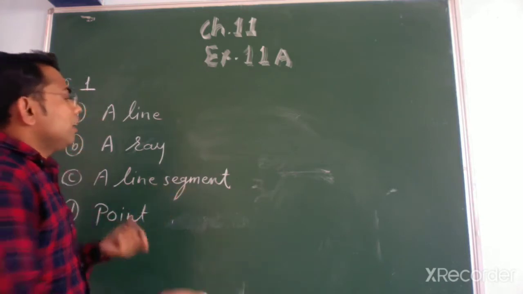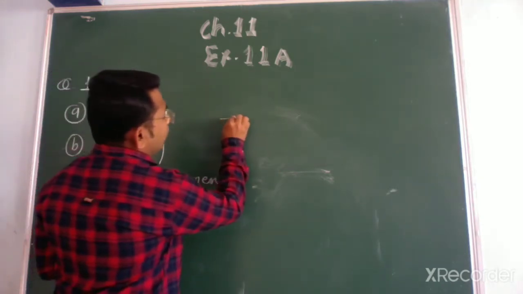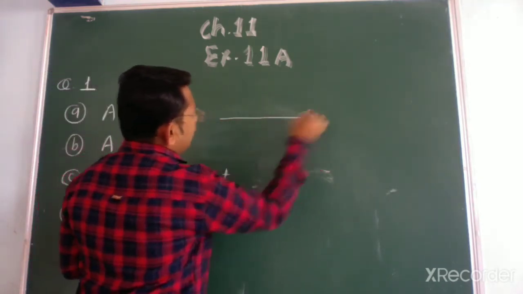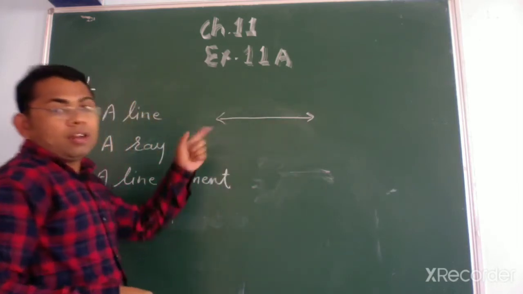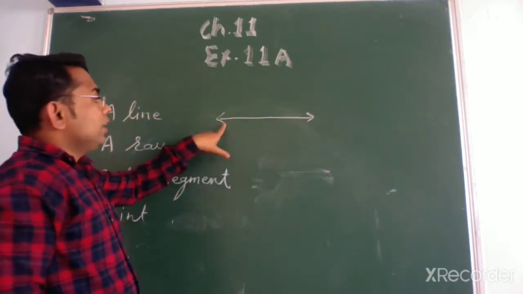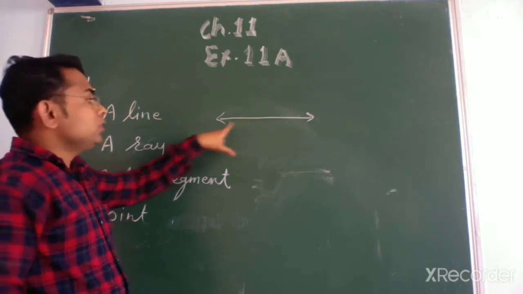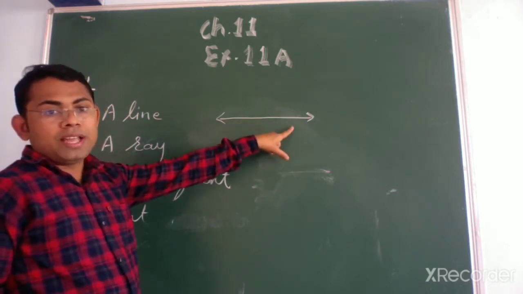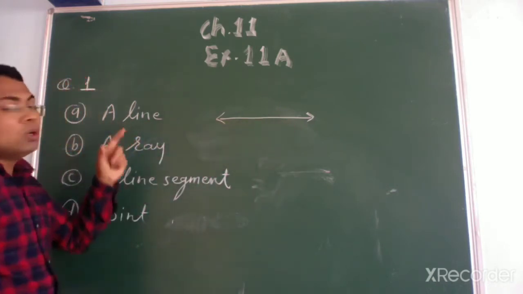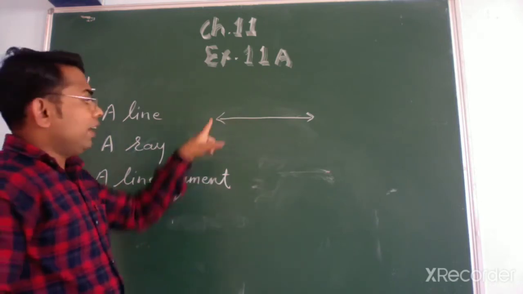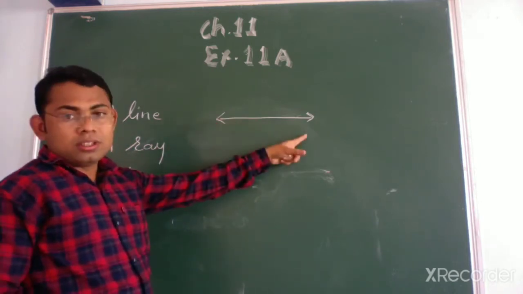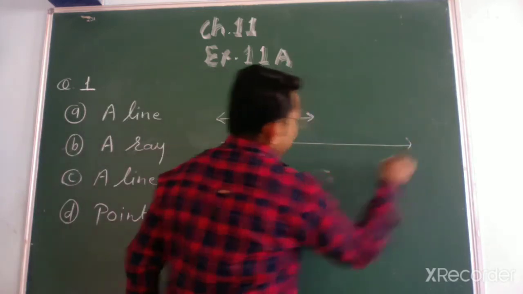We know that a line is a straight path of points that extends on and on in both directions. So there is no end point of this line, so the line has no fixed length. You can write a line like this.